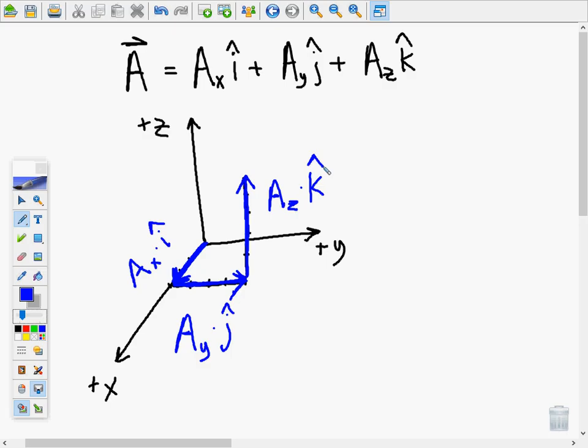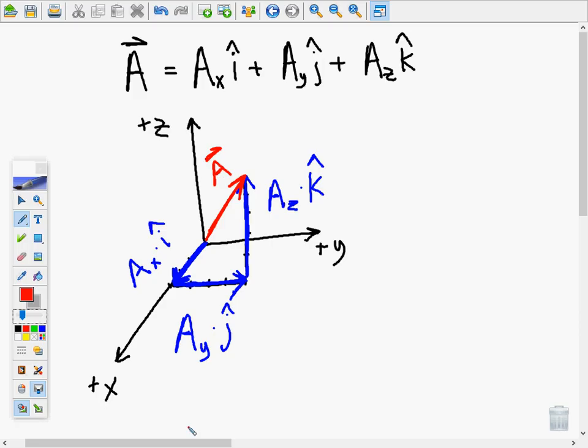Notice those three components are in head-to-tail form. So if I draw a resultant vector from the origin, heading to the last vector drawn, that would be my vector A.